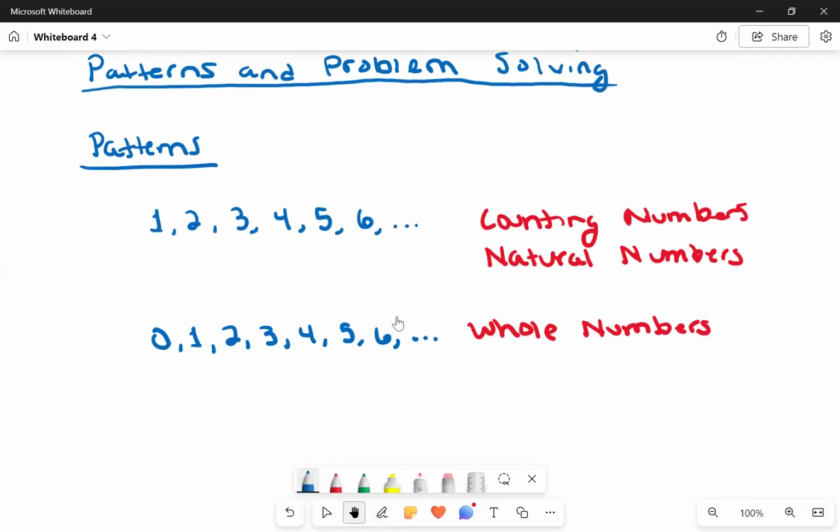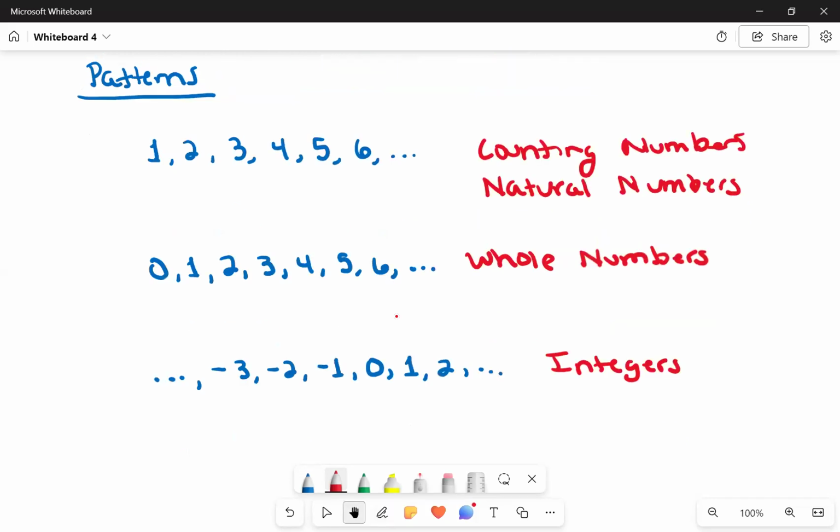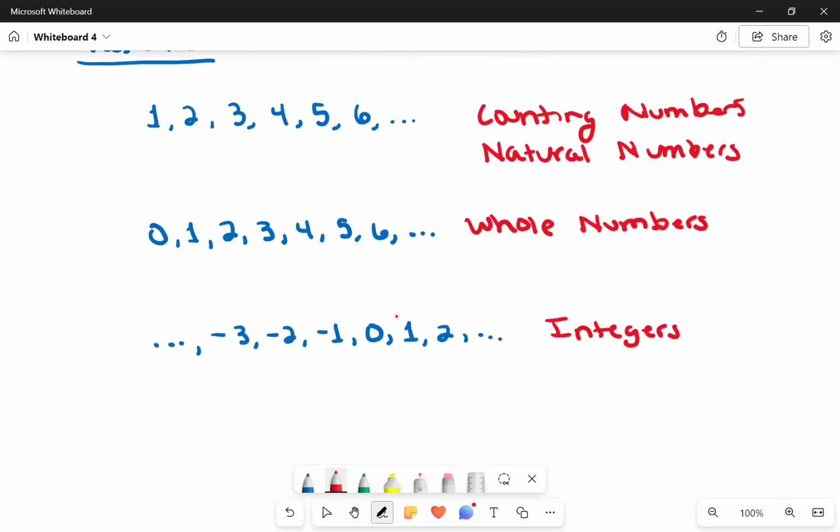The third pattern of numbers are the ones that include the negatives. And then, once you get through the negatives, you start with the whole numbers, and they keep going forever. These are called integers. Integers are positive and negative whole numbers.